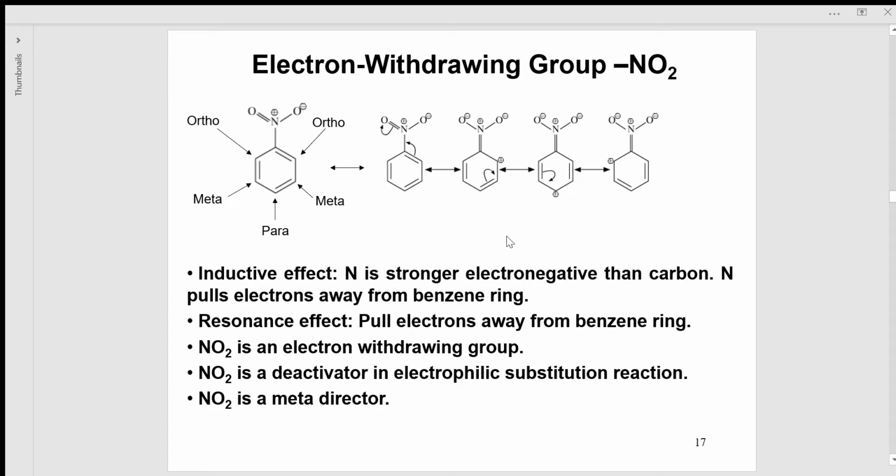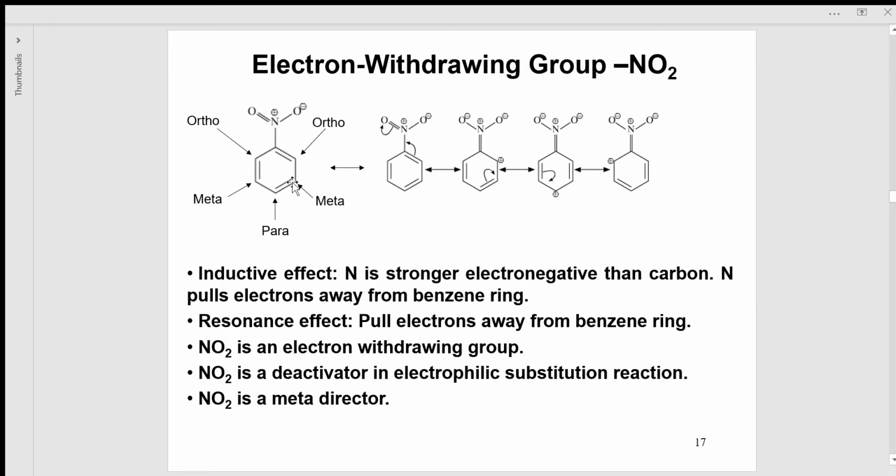So if I bear a positive charge and want to attack this benzene ring, I want to attack this position, not that position, because that position bears a positive charge. Not only this position, but this position and this position. The two positions that do not bear positive charge are actually this one and this one.